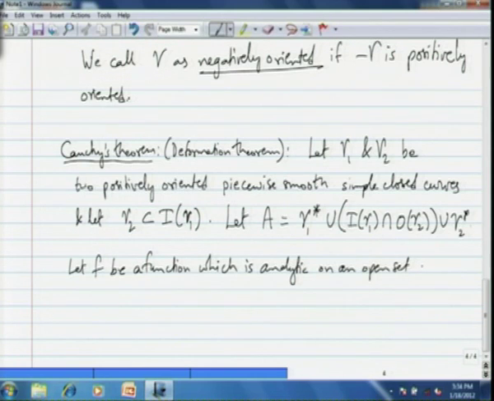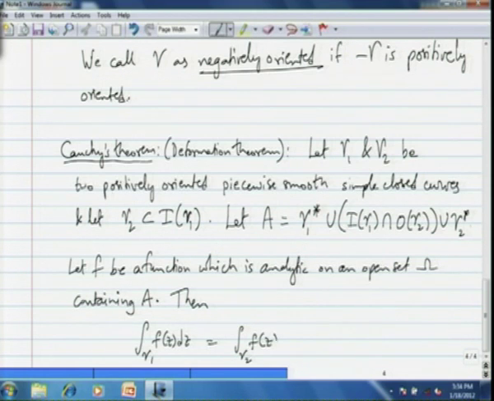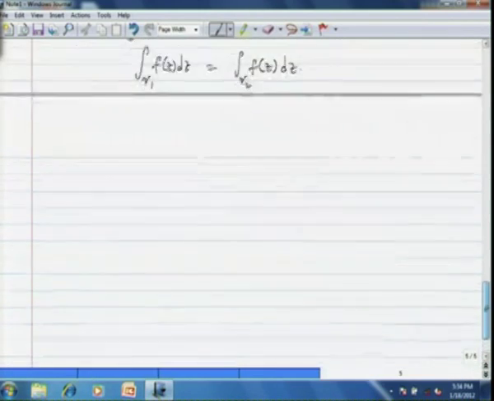Let us call that open set omega, containing this set A. Then the conclusion is that the contour integral on gamma 1 of f of z dz is equal to the contour integral on gamma 2 of f of z dz.